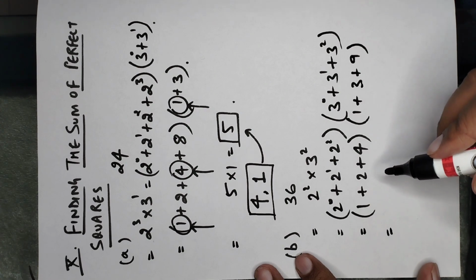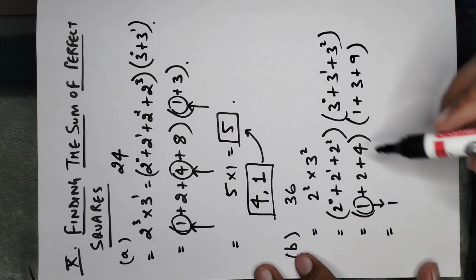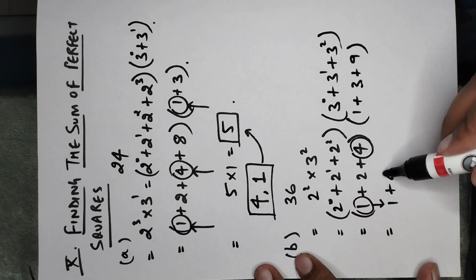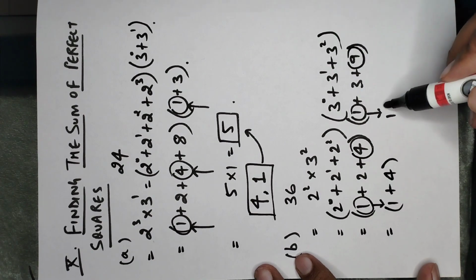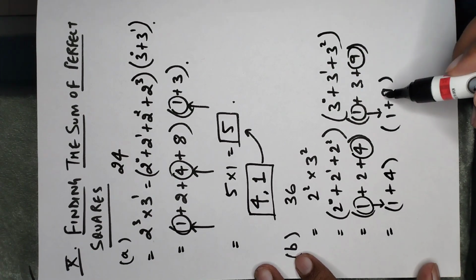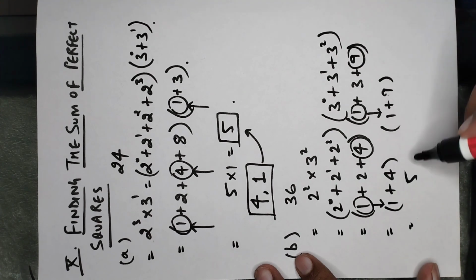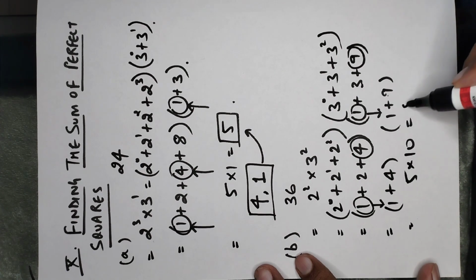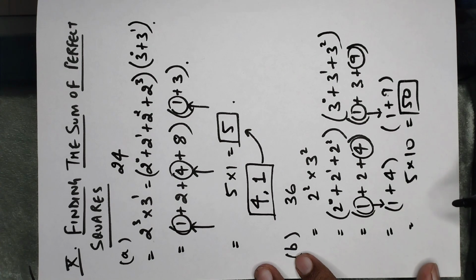Now again we can see how many perfect squares we are getting. As you can see, 1 is always a perfect square. Now this 4 is also a perfect square. Again this 1 is over here, and again this 9 is over here. So if I add them, I get 5, then 9 plus 1 is 10, and I get the answer as 50. So the sum of the perfect squares will be equal to 50.